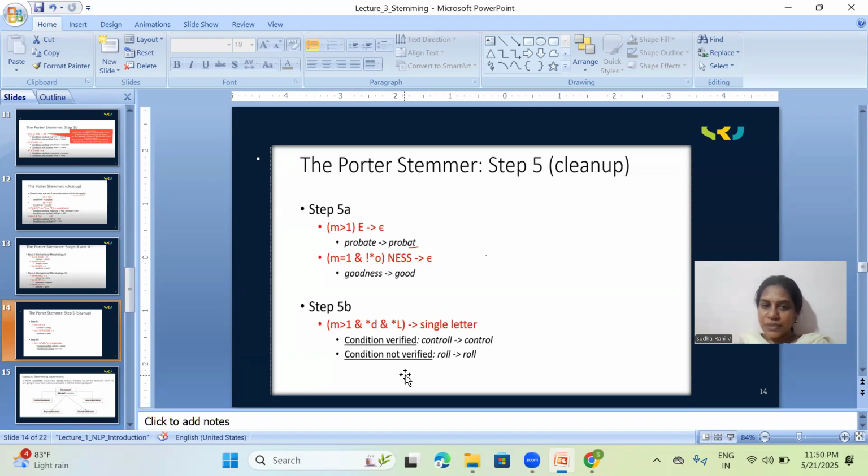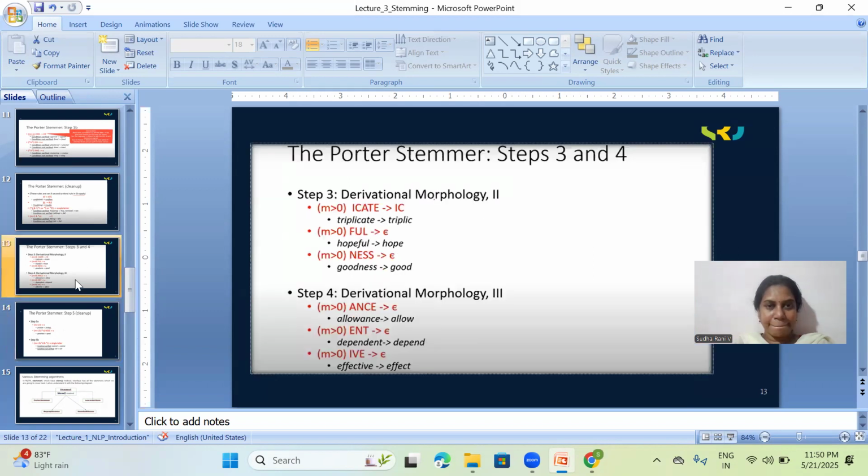But if you see the second one, condition not verified, where roll tends to roll. So here double L has to be replaced with single L, so the condition is not satisfied. So this is the step 5 of Porter stemmer.